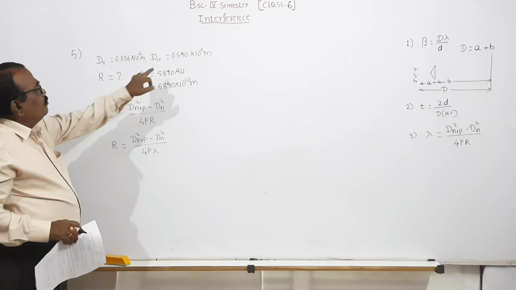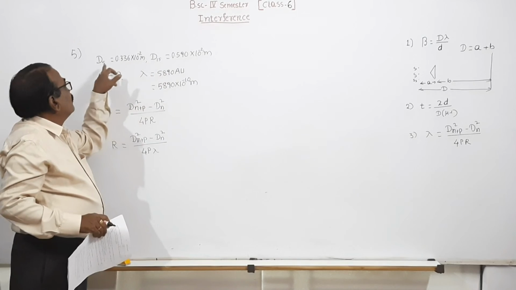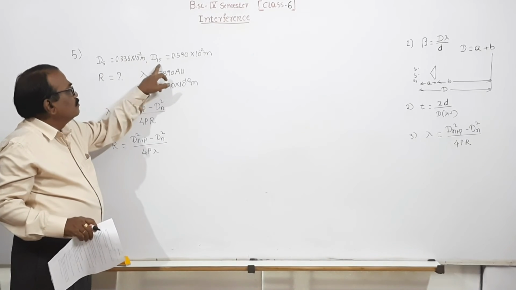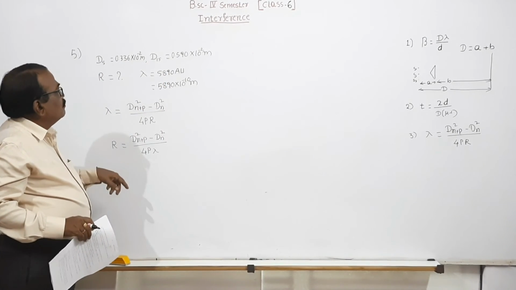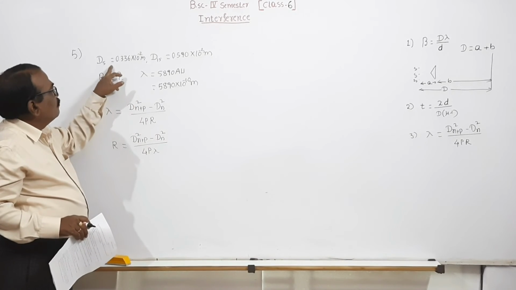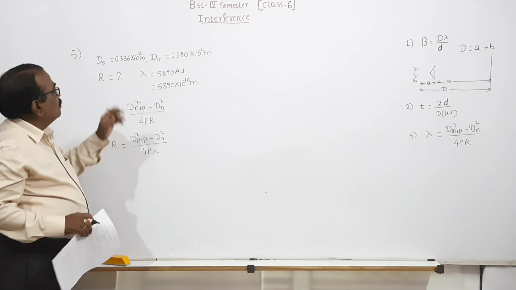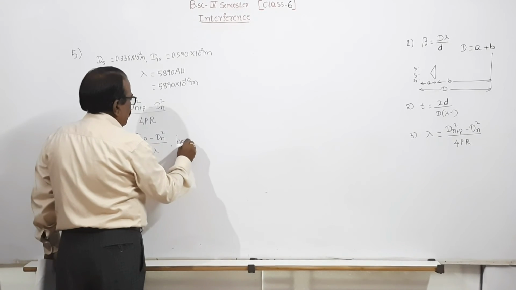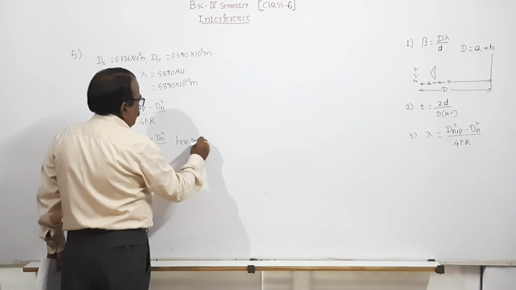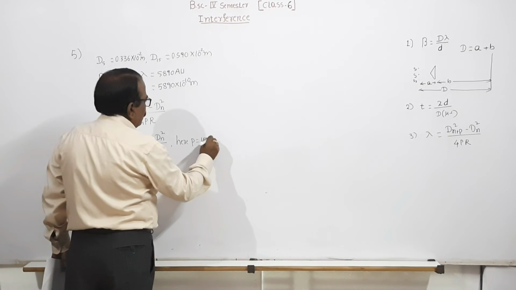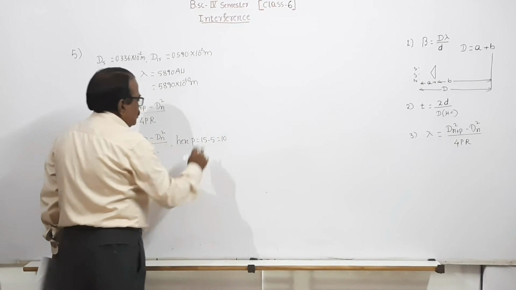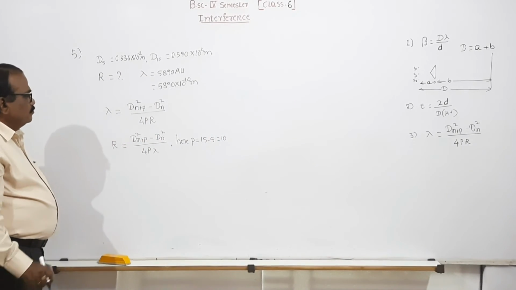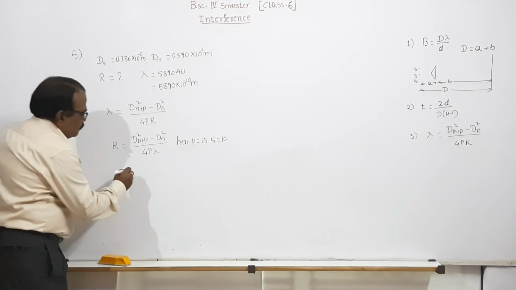Then D n plus p is this one, n is 5 plus 10. Then D n square, p is here 15 minus 5. This is p. Then substitute this.